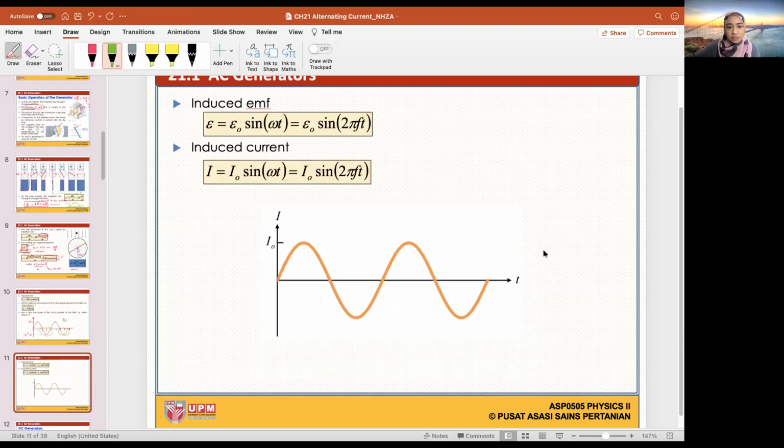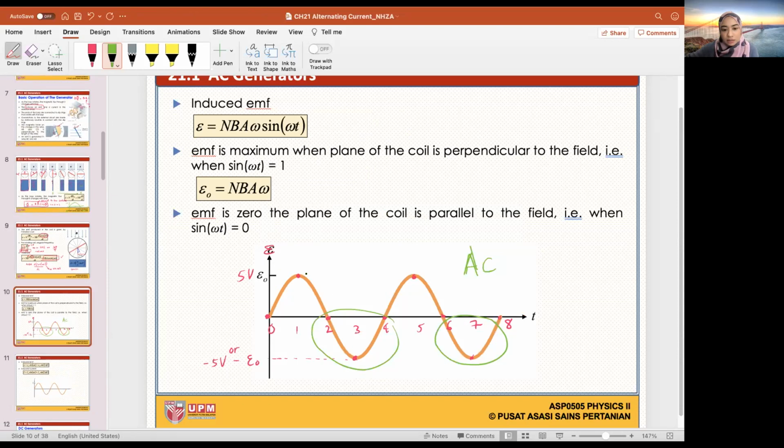So the induced EMF, we can say, okay, let's look back at this one. Since this reaches a maximum value of EMF naught, and it follows a sine equation, I can say my EMF changes according to this equation, EMF naught sine omega t.